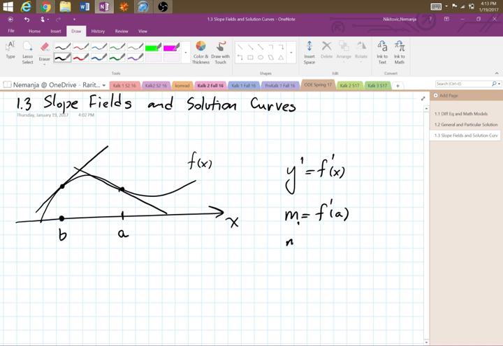So M2 is going to be f prime computed at B, and so on. So if I have a first order differential equation, I understand that dy dx or dy dt, y prime, is the derivative. And everything else is this slope.